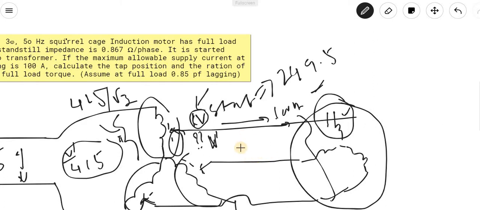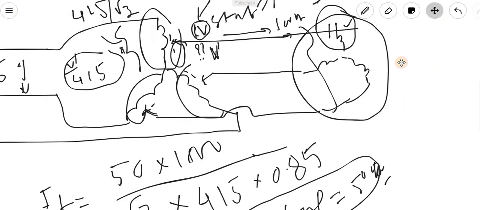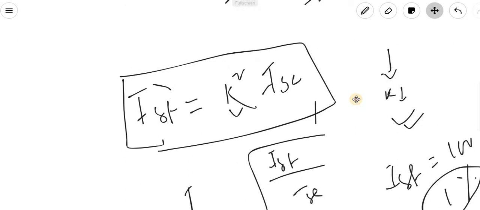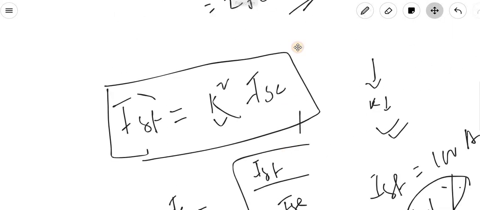Okay, so this is the phenomenon of the auto transformer starter. But actually we need to find one more thing. So see the question.